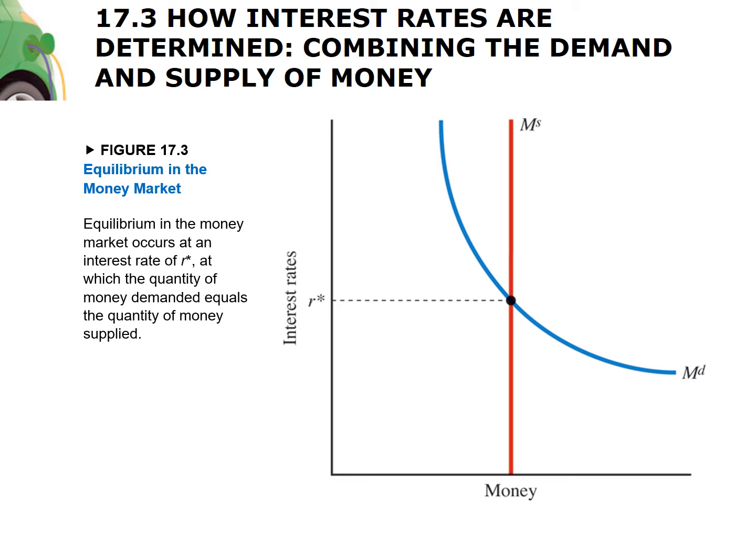The demand for money curve is downward sloping because of the negative relationship between interest rate and demand for money, as explained earlier. When the downward sloping demand for money curve interacts with the supply of money curve, that intersection point is the equilibrium interest rate.